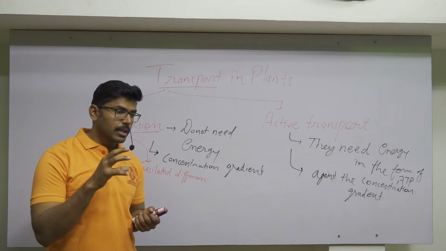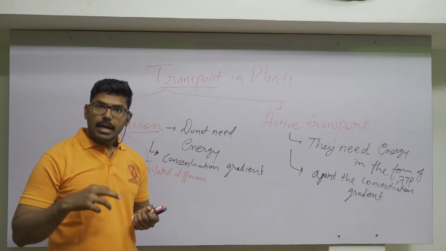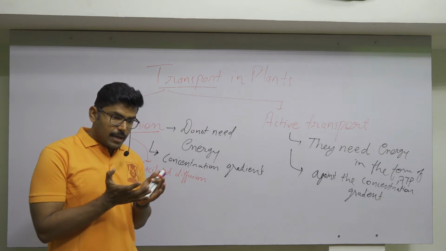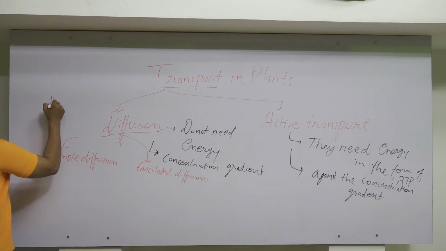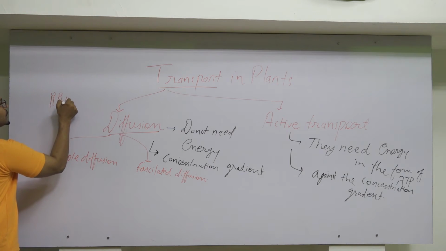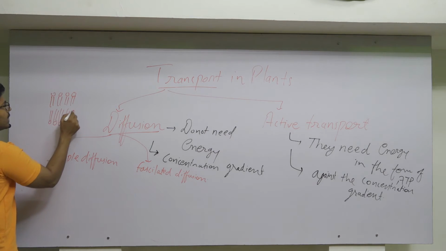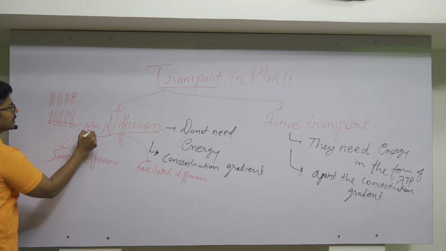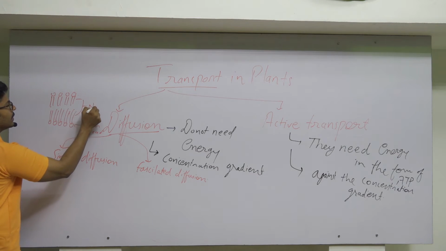inner membrane of the cell is made up of a bilayer of lipid. We have discussed that this type of lipid bilayer is present, with a polar head and a non-polar tail.